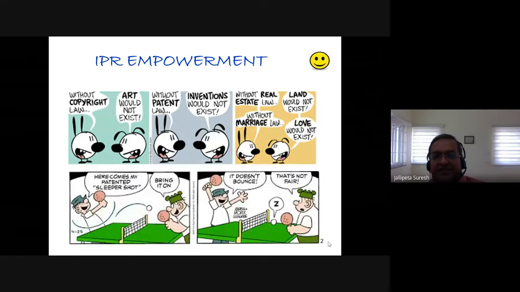Whenever we try to understand the term intellectual property rights, for me at least, it is like an enigma. Even though I've been associated with this field for over 25 years, whenever I encounter this term or expression, intellectual property, I sometimes feel that the understanding that I have is not enough.